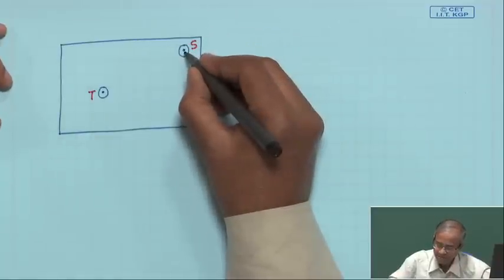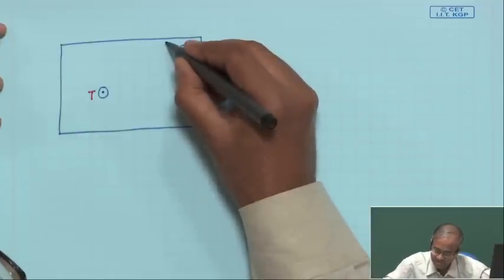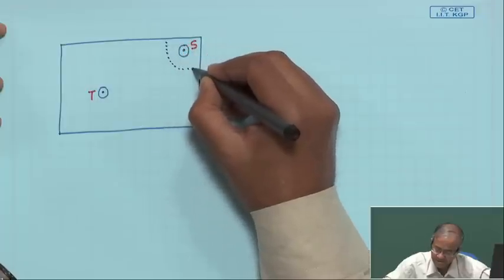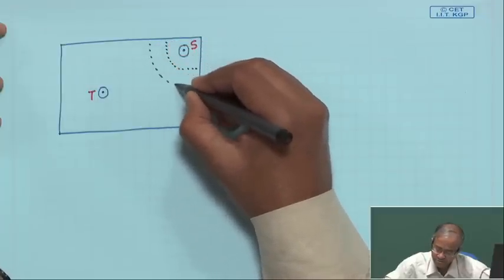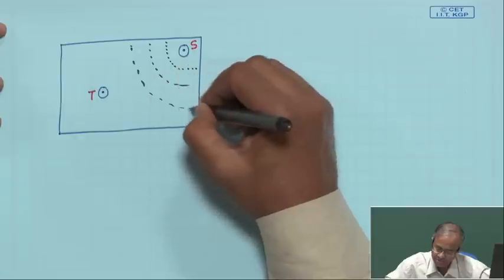If you start from S, I am just showing the wavefronts like this, the neighbors labeled as 1, then labeled as 2, labeled as 3, like this you proceed.